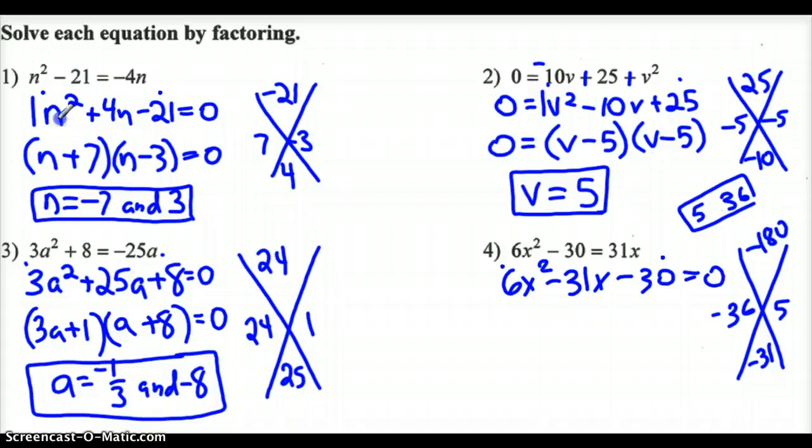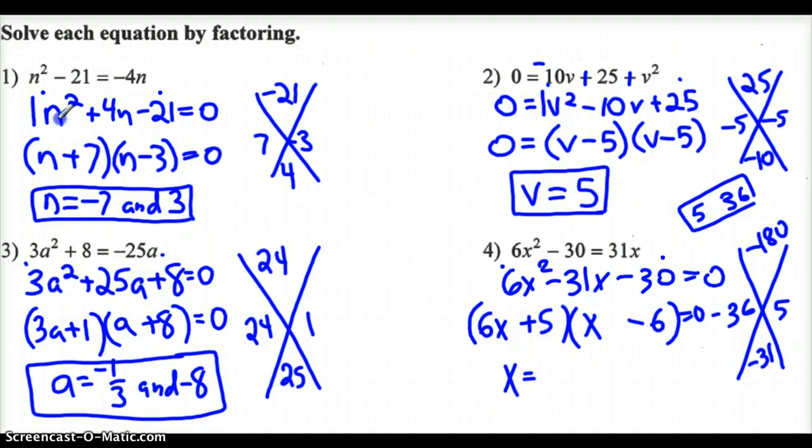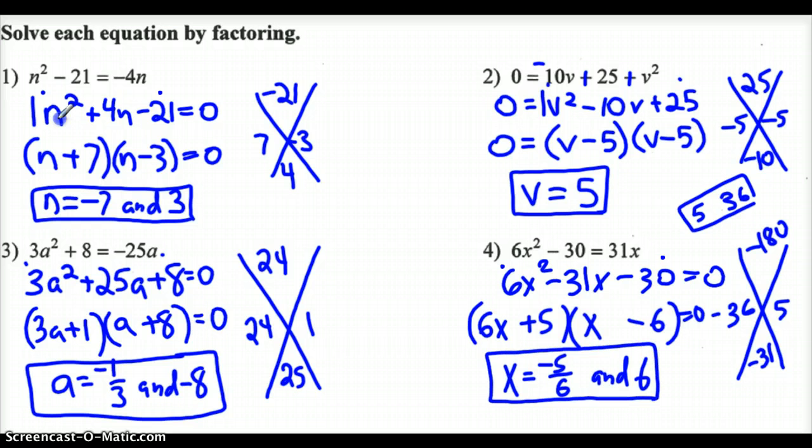Now to get the negative 36, I'm going to have to use 6x here and negative 6 here, which leaves positive 5 here because those two terms have to still be negative 30. And that's going to leave me with x here. So now my solutions are going to be and 6. Alrighty.